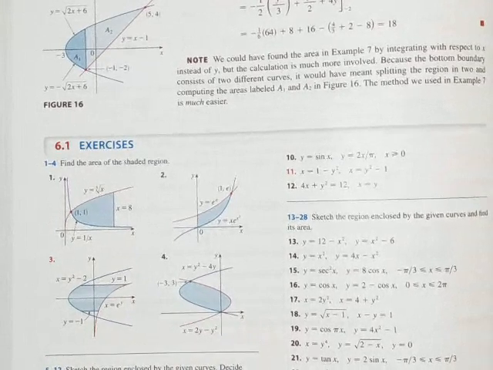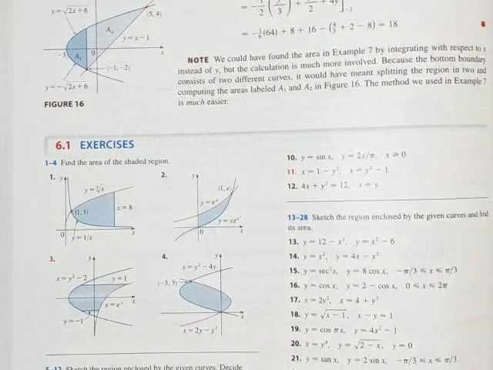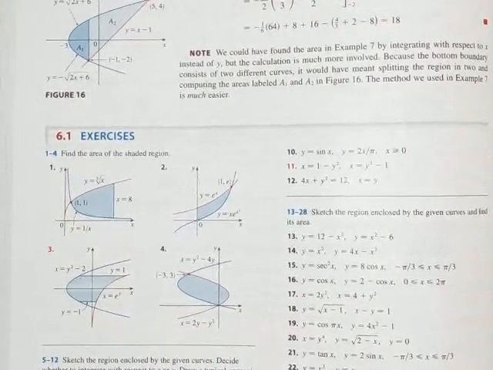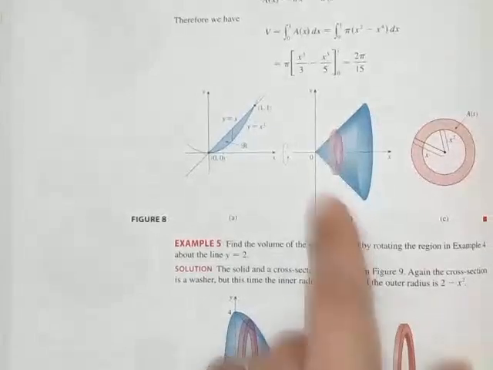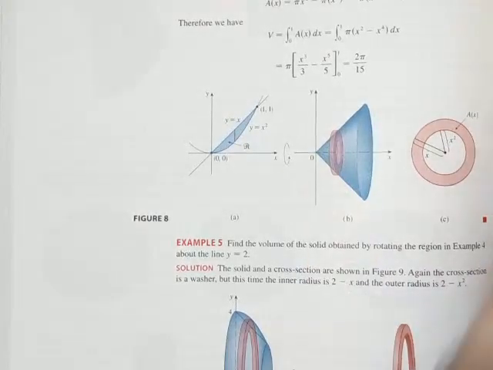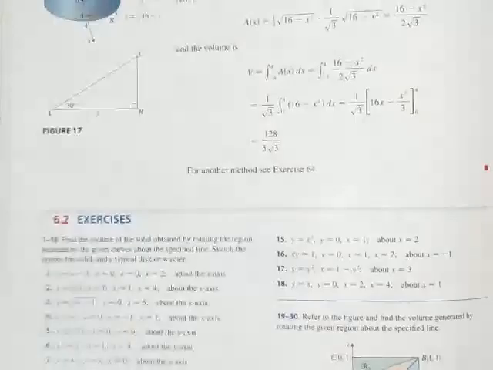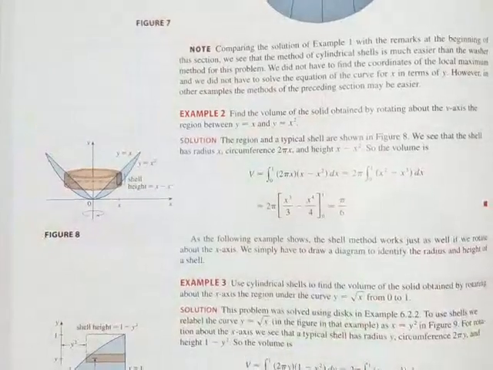We did this for our volumes as well. Remember, we did disks and washers, and sometimes we did them around the x-axis, and sometimes we did them around the y-axis. And depending on which way we were going, we got stuff with respect to x, or I promise there's a picture, we got stuff with respect to y.